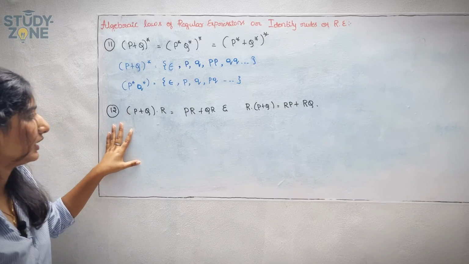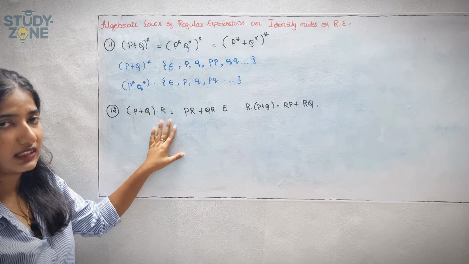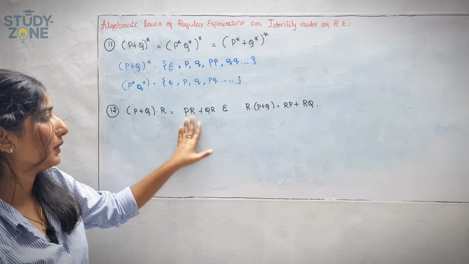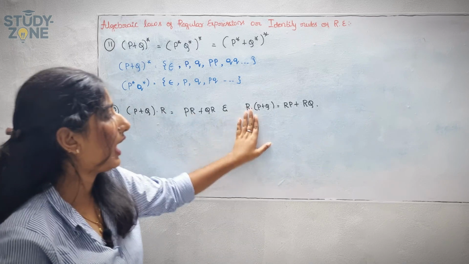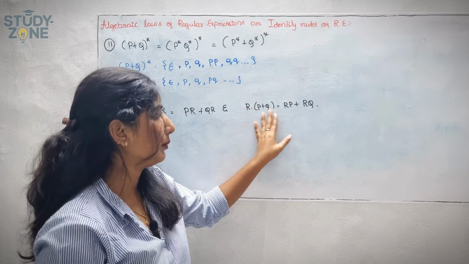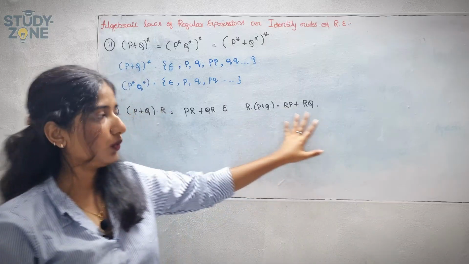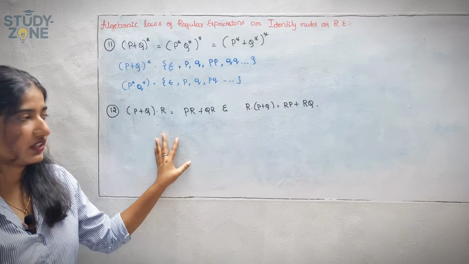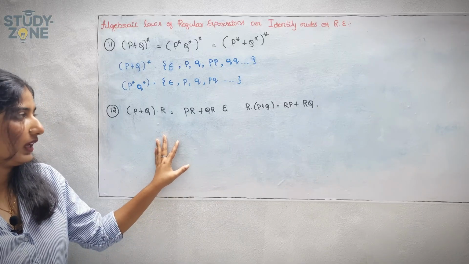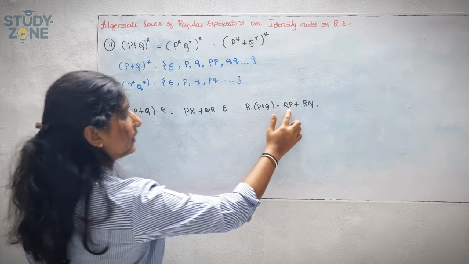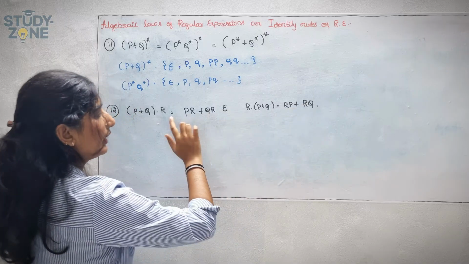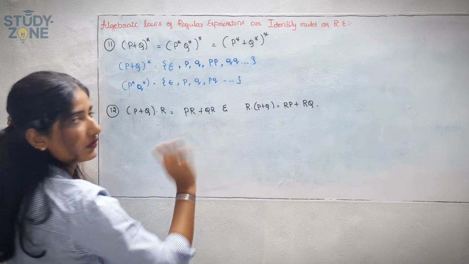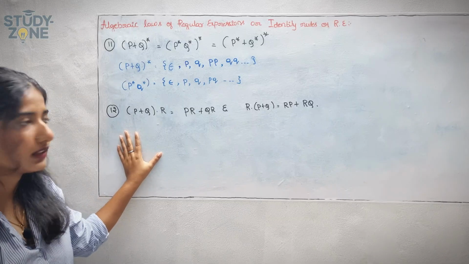The last one is (P plus Q) concatenated with R equals PR plus QR, and R concatenated with (P plus Q) will be RP plus RQ. You guys have to solve this one and let me know in the comment section whether you got the solution or not. And here we can't interchange the values of PR and QR. This is the speciality of this 12th law.